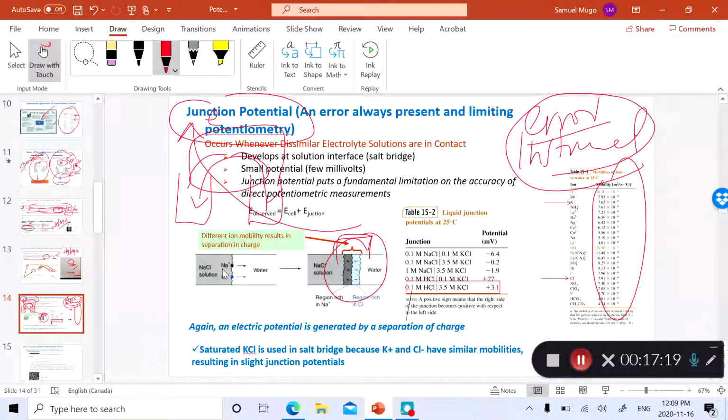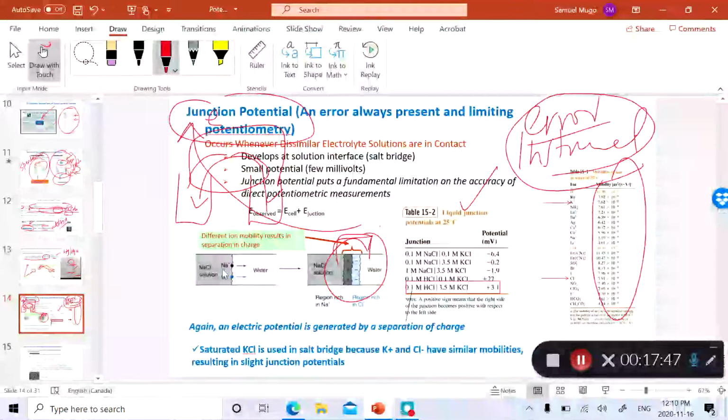Remember, that junction potential is an error. That's why a pH electrode or any other potentiometric sensor is always jumping around, because of the mobility of the ions that cause a charge separation. So please take note of that, a very common error in potentiometry.